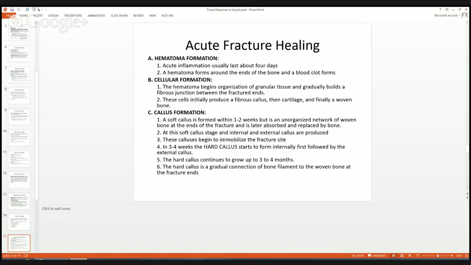The hematoma begins organization of the granular tissue and gradually builds a fibrous junction between the fractured ends. These cells initially produce a fibrous callus, then cartilage, and finally it is woven into bone. Now think about this.